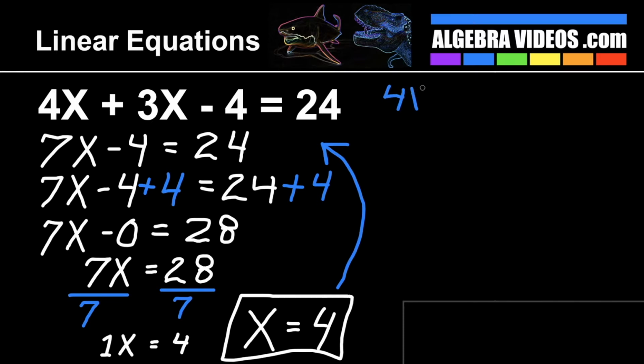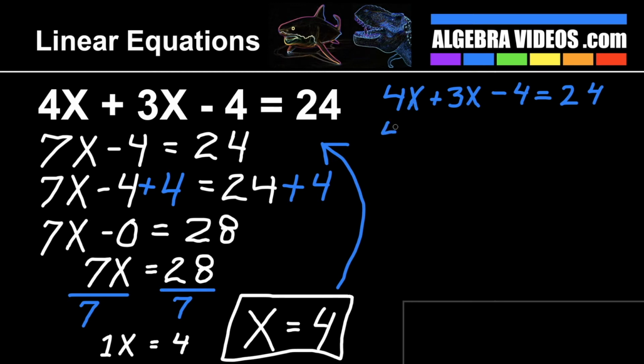first. 4x plus 3x minus 4 equals 24. So now I'm going to plug in our solution just as a check. Wherever there's an x, I'm going to plug in the number 4.